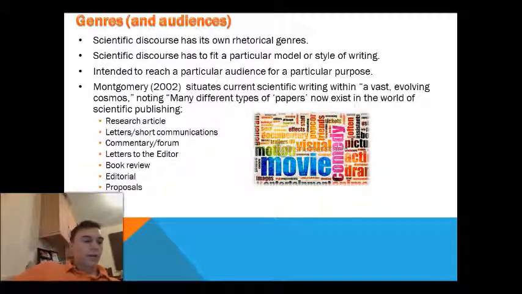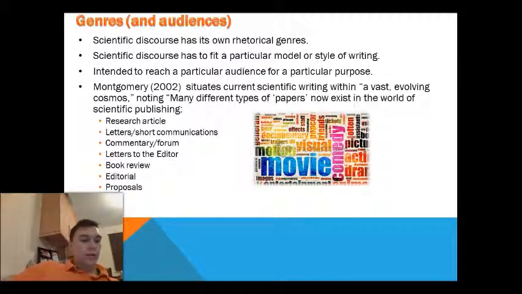For example, a research article, an actual report; letters, communications, brief research papers, usually less than 5 or 6 pages; commentary or forum, a brief debate or discussion; letters to an editor, technical responses to earlier published materials. Such letters usually serve a purpose for debate and criticism.